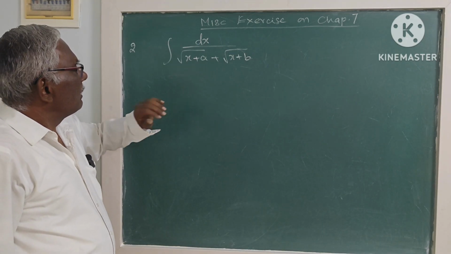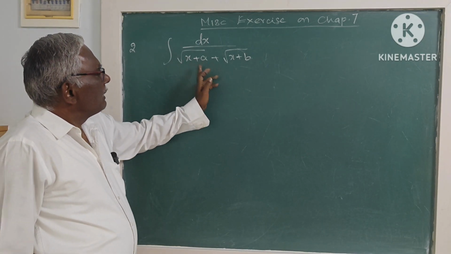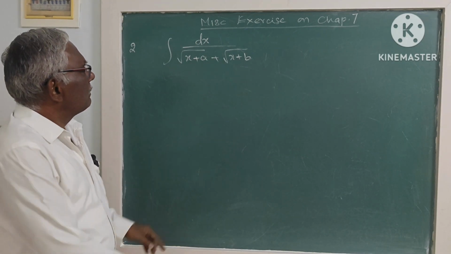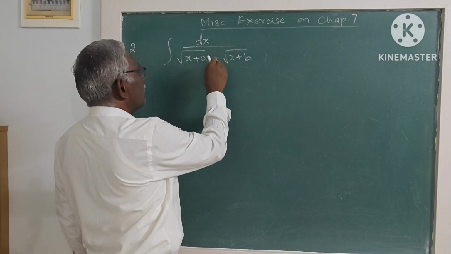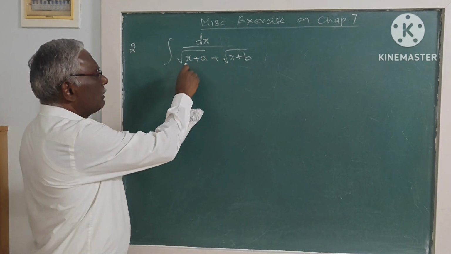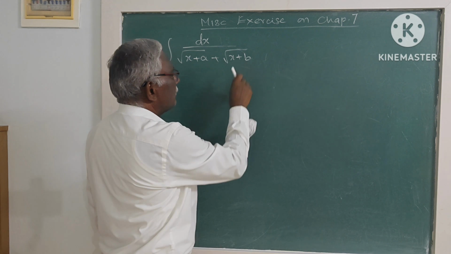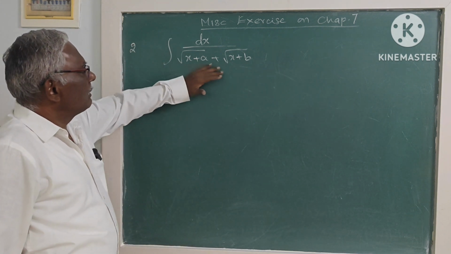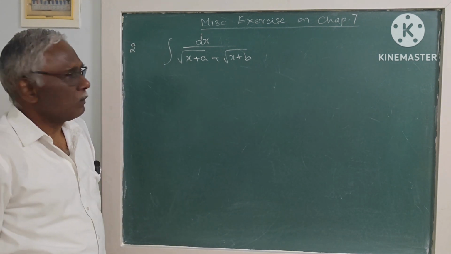So in this integral, we can rationalize. We multiply numerator and denominator by square root of x plus a minus square root of x plus b. Then the denominator becomes a constant term.